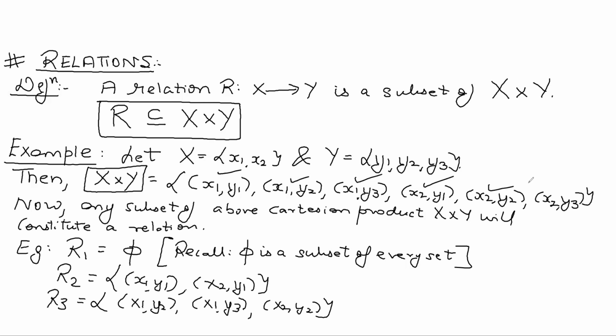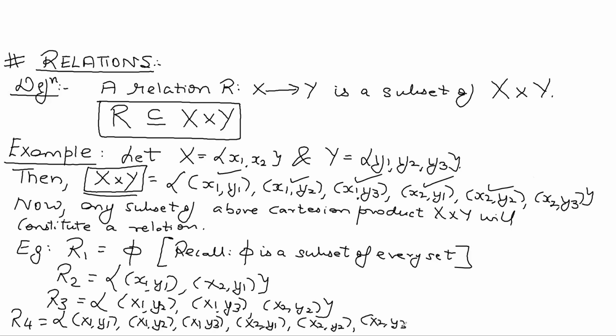This is also a relation because this is also a subset of x cross y. I can take the whole thing itself, R4, which is the whole thing. Let me write the whole thing. This is also a relation.